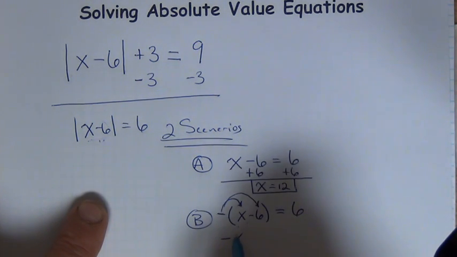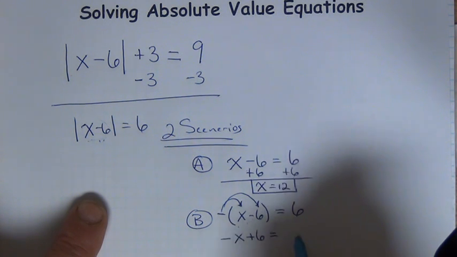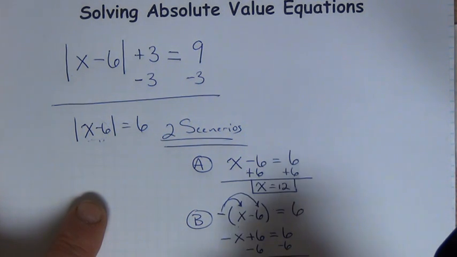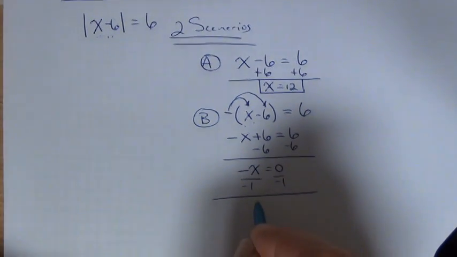I get negative x plus 6 equals 6. I'm going to subtract 6 from both sides. And I get the opposite of x is equal to 0. And I'm going to divide by negative 1. And I get x is equal to 0.